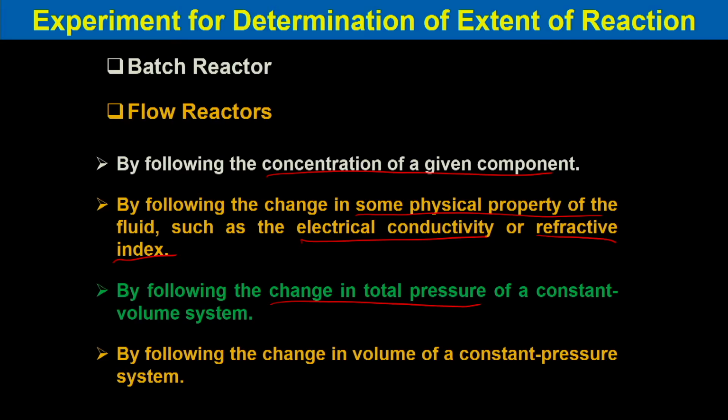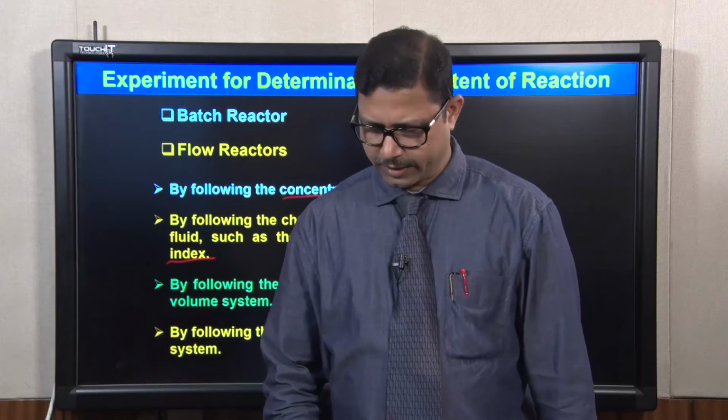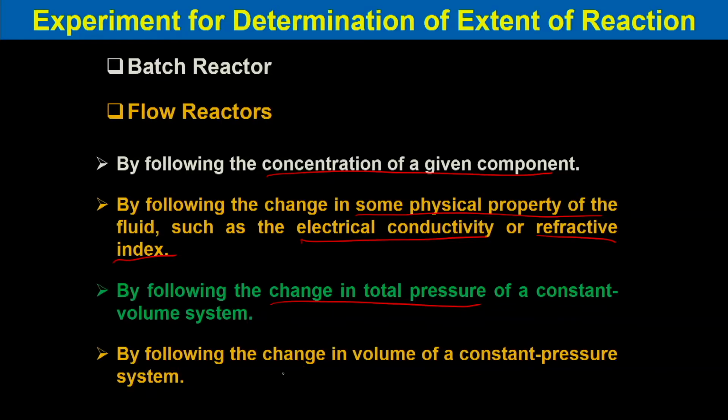Or we can also see the change in volume in the system if we keep the pressure constant. So, these four methods we can follow for any type of reactor, batch or flow, whatever reactor we choose, and we can see this property change with time.